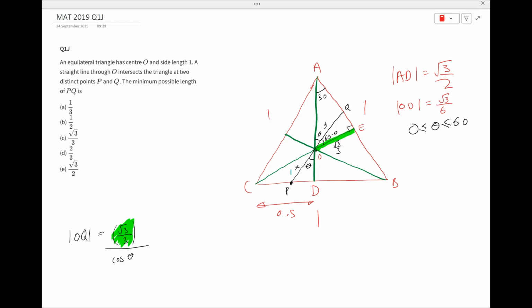Similarly, this line is the hypotenuse of the triangle ODP, where OD is equal to root 3 over 6. So OP is going to be equal to root 3 over 6 all over cos of, and I've just realised that's not cos theta, that's cos of 60 minus theta.